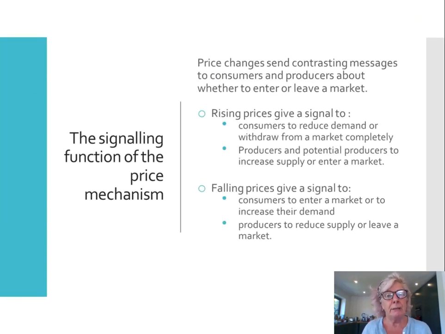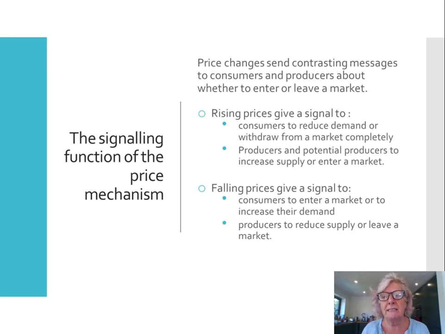So, I mentioned signalling earlier. This is an important function of the price mechanism. So when prices change, that sends out a message or a signal to both consumers and to producers about whether to enter or leave the market. So think about it. A rising price sends a signal to us as consumers to reduce our demand. Maybe we'll decide not to buy potatoes anymore.